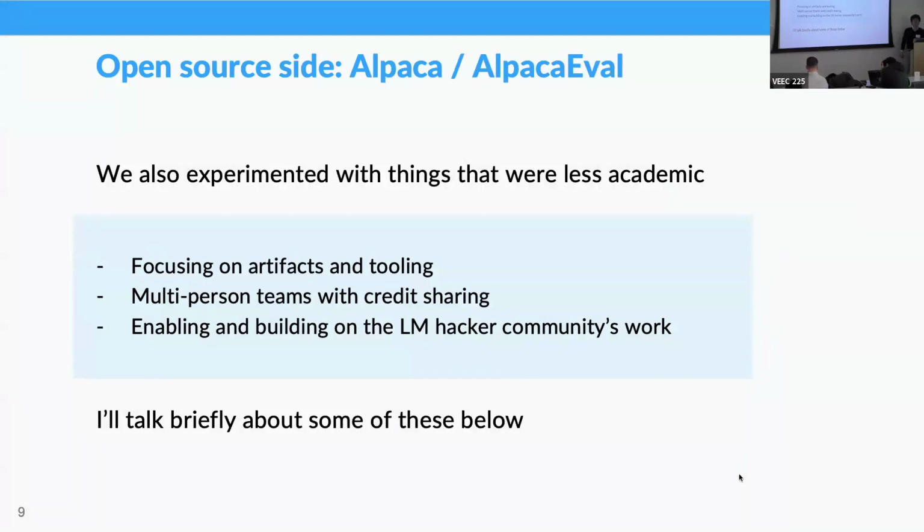I had 5 of my 6 graduate students at the time working only on this with no other things, and they were in a completely flat credit sharing process. And then finally, trying to learn from what a lot of the hacker community is doing out there. There are a lot of interesting, exciting ideas. So I'll talk about some of this below.